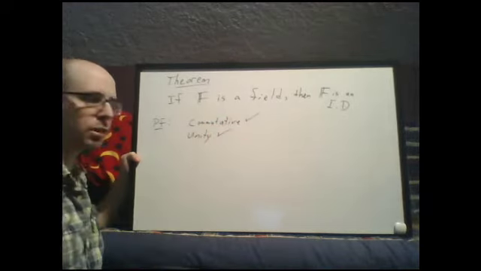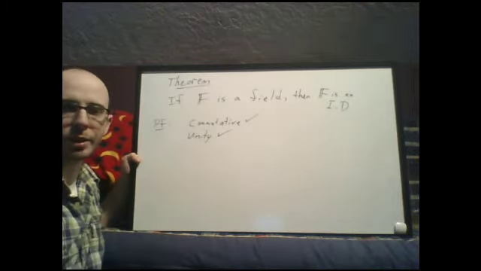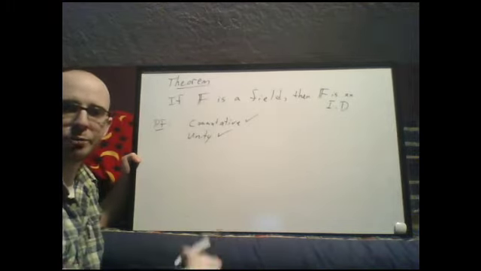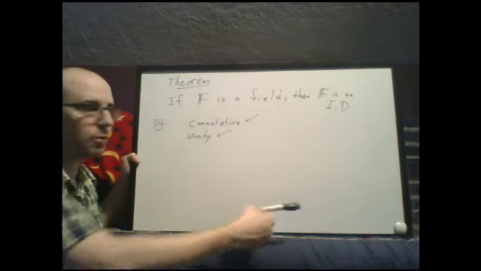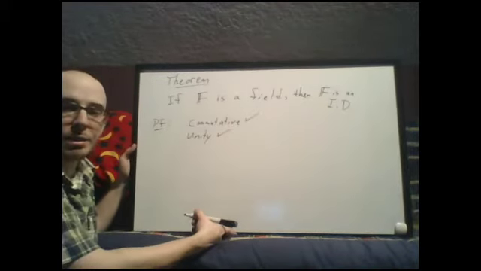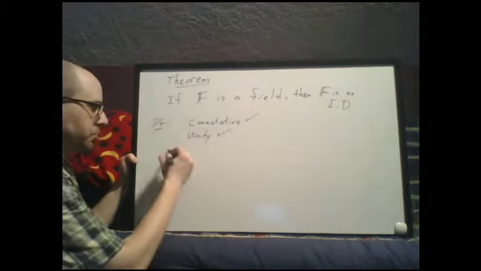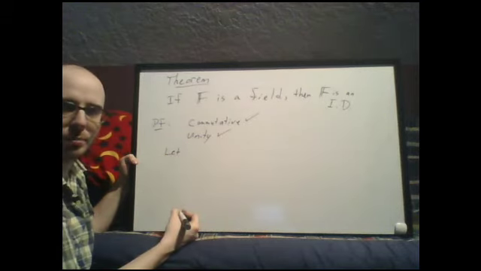It's a commutative ring and it has a unity because those were among the requirements to be a field. A field was a commutative ring with unity that has this property about multiplicative inverses. So you already got those two for free. The only thing remaining is the no zero divisors property. So I'm going to prove the second version of that property.